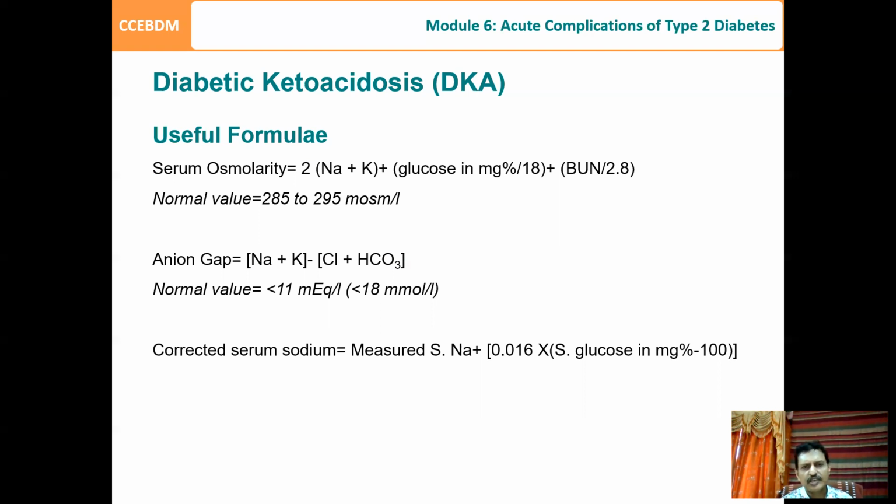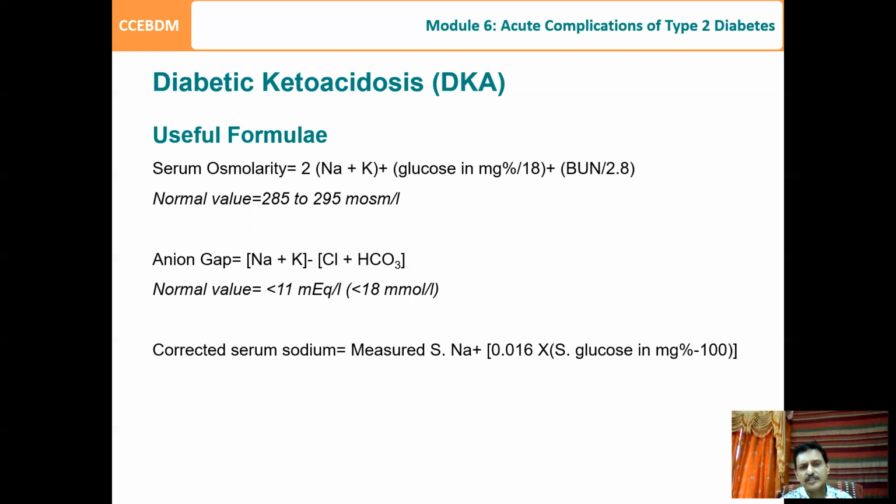So there is basically a gap between the two. We expect that the anions and cations should be the same, but in the real scenario there is some difference, because there are many anions which we don't measure.